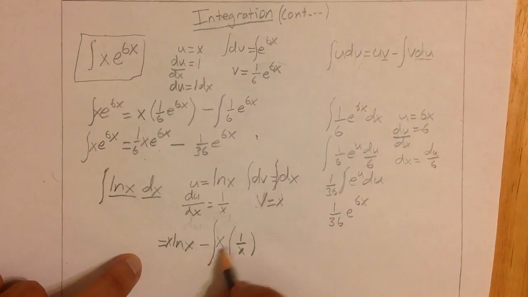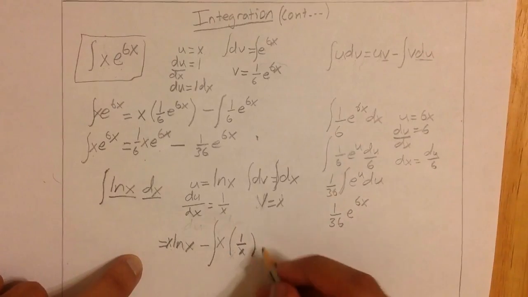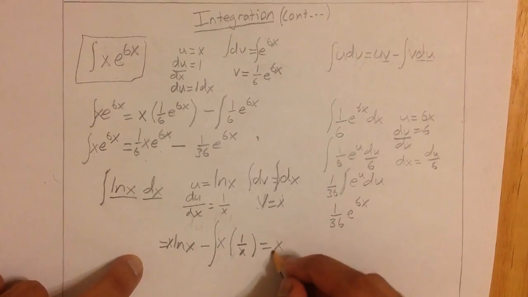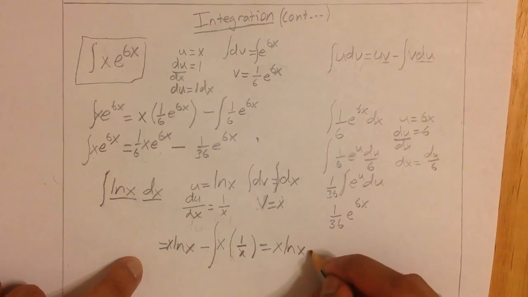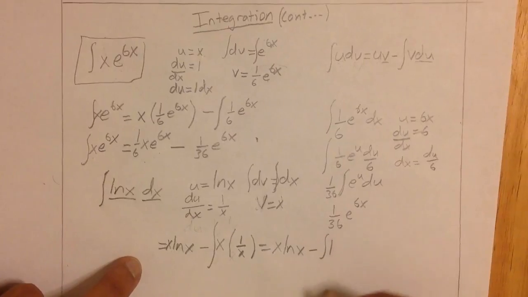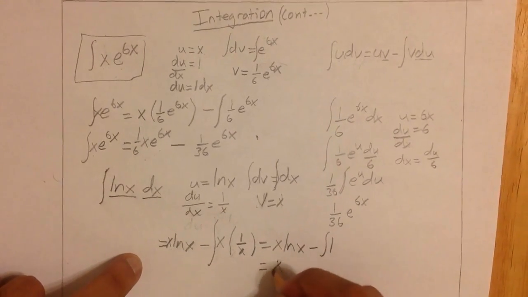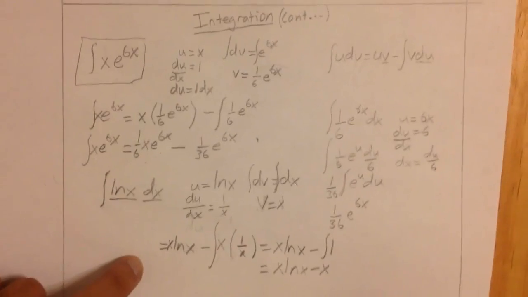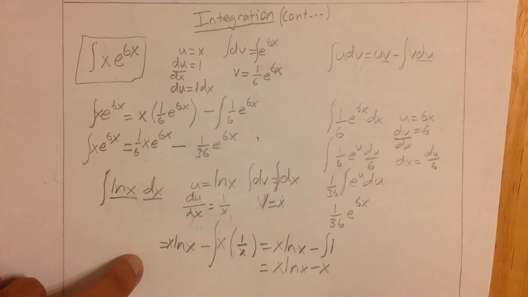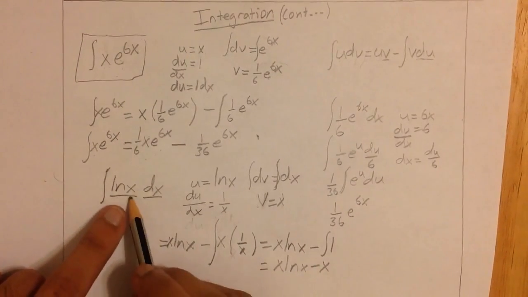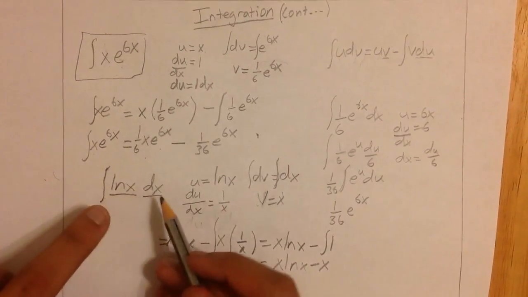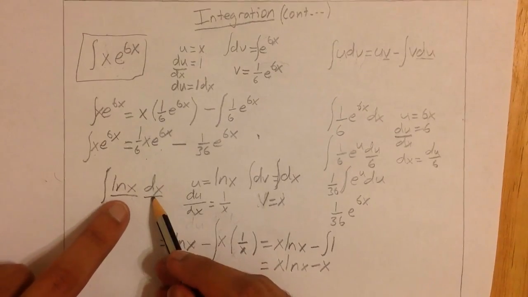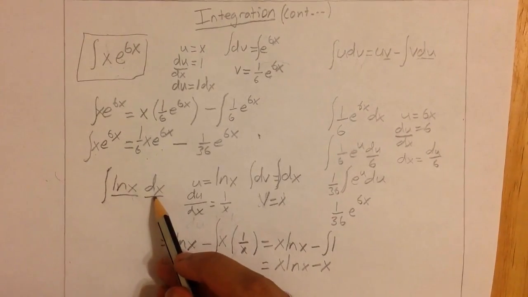Then, if we simplify this, we get x ln x minus the integral of 1, which we know to be x. So that equals x ln x minus x. So even though the ln of x didn't seem like it had two parts to it, we know that dx can also serve as a part.